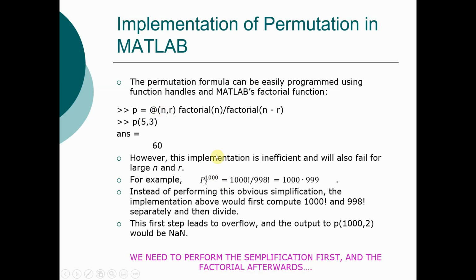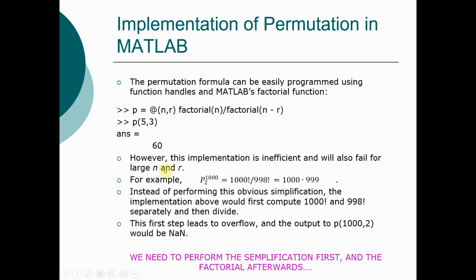What if n is 1000 and r is 2? Then n factorial would be 1000 factorial, and n minus r is 998 factorial. We simply know the answer, right?